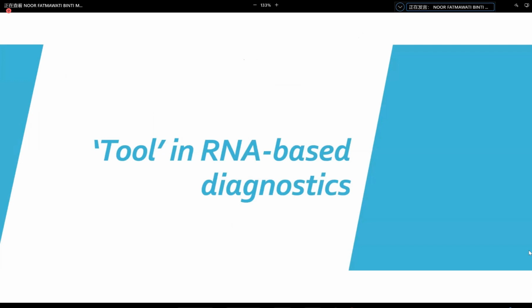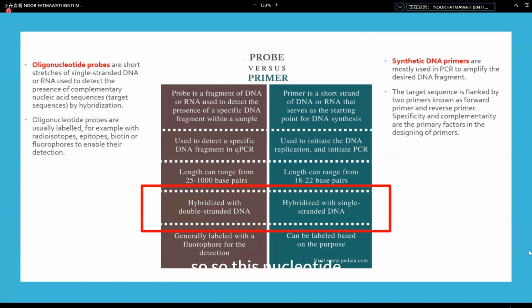In DNA, these primers can be labeled with a fluorescent dye, usually an intercalating dye. So this nucleotide in DNA we call a primer. So basically these are the tools that could bind to RNA.